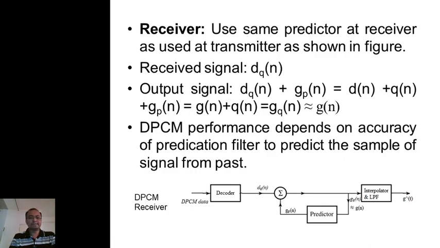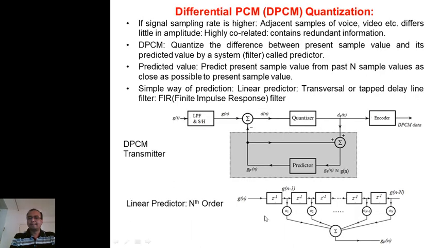Now what will be the receiver? If we do this, what will be the receiver? Now in all this kind of PCM system where we are having bandwidth compression, we have a feedback path at the transmitter, and that feedback path is actually the design of the receiver, because the last block of the transmitter is the encoder, so I can easily pass it to the decoder to get the signal d_q(n).